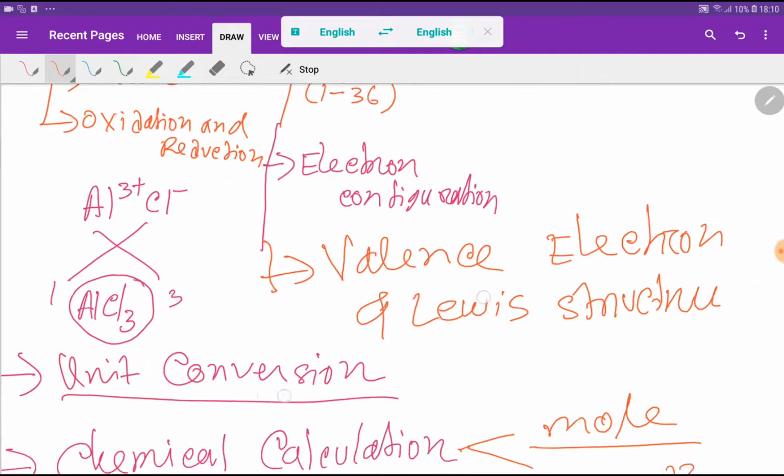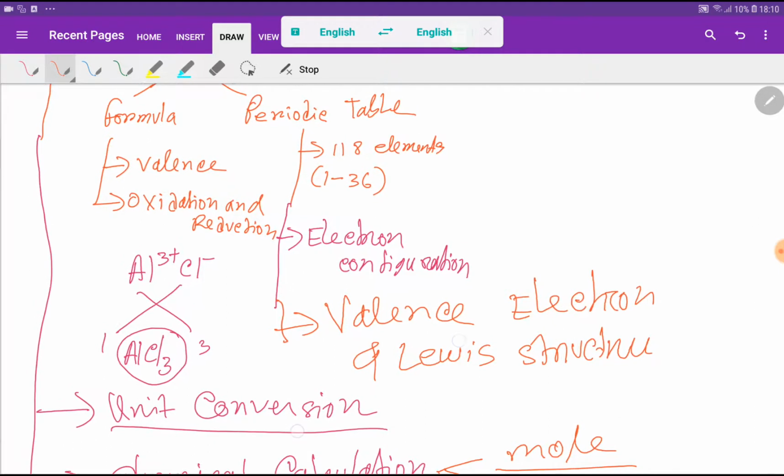Okay. When you are reading your periodic table, I think you have to have knowledge about valency electrons, right? These valency electrons are very important because the valency electron is used in case of drawing Lewis structure. If you want to learn chemistry, then you have to be introduced to Lewis structure, right?